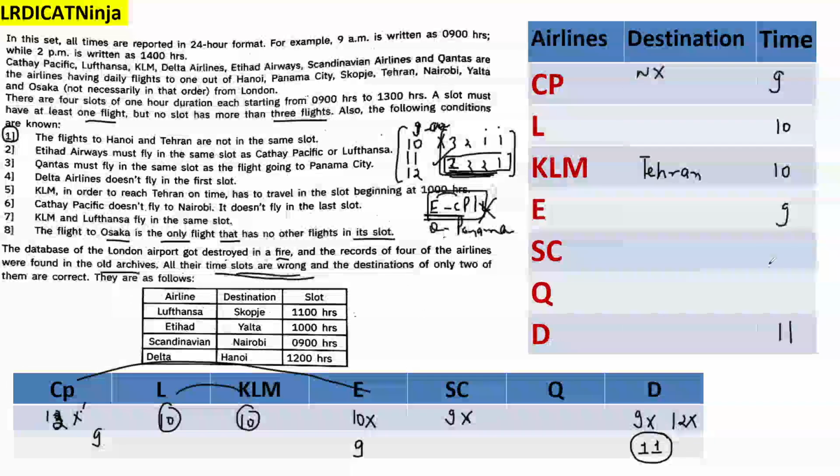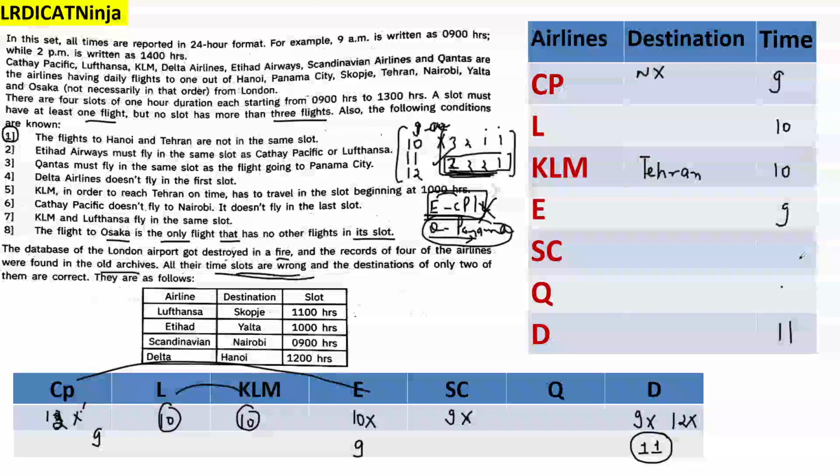Now, can SC and Delta be in the same slot? No. Why? Because Quant must be with the flight which is going to Panama. Quant definitely cannot be in the 9 slot or the 10 slot. So Quant can be either in the 11 slot or the 12 slot.